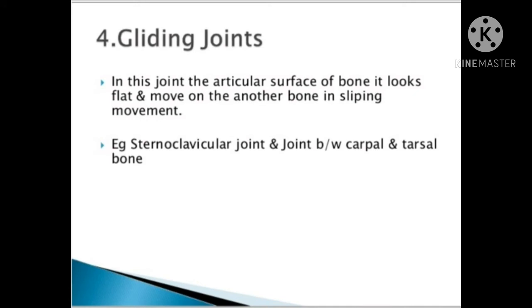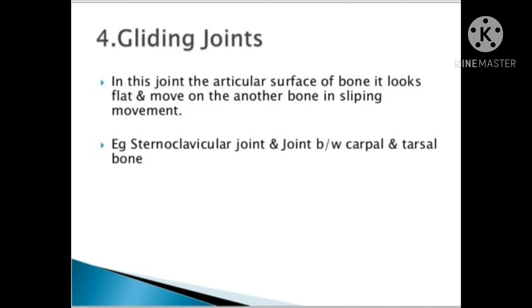Fourth type of movable joint is gliding joint. This joint allows bones to move or glide against each other. Such joints have flat ends that allow side to side as well as backward and forward movements.